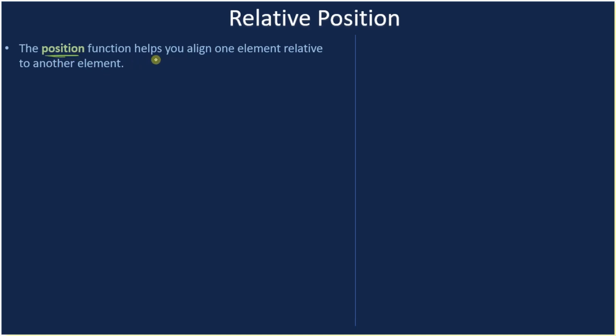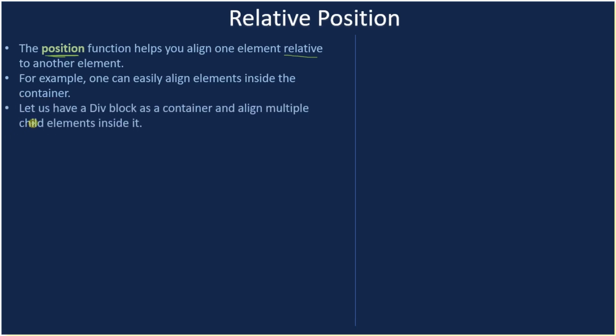For example, one can easily align an element inside a container. Let's have a div block as a container and align multiple child elements inside it.